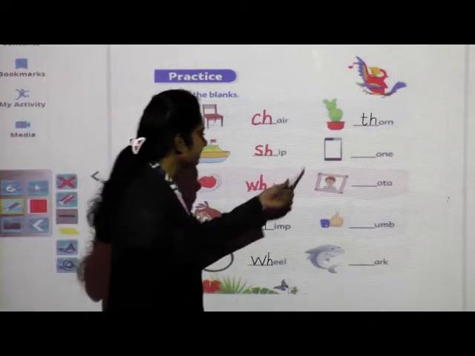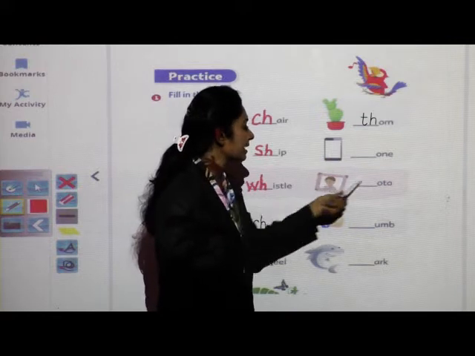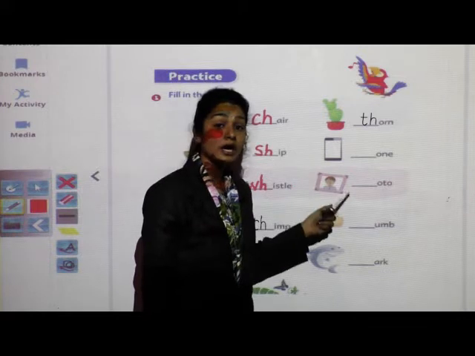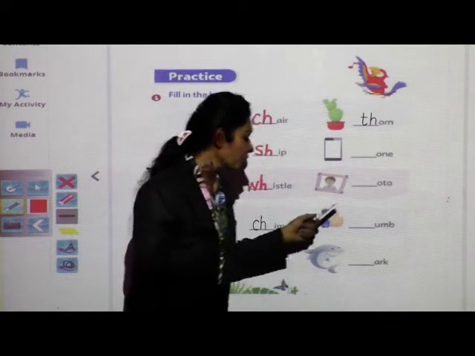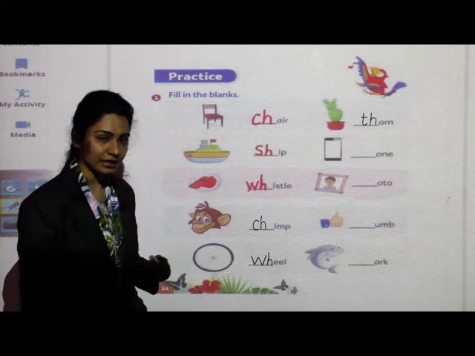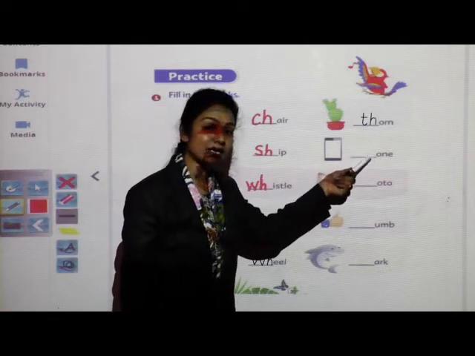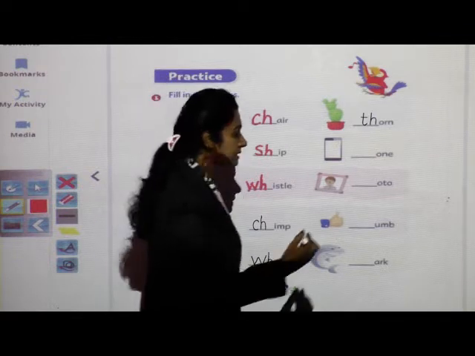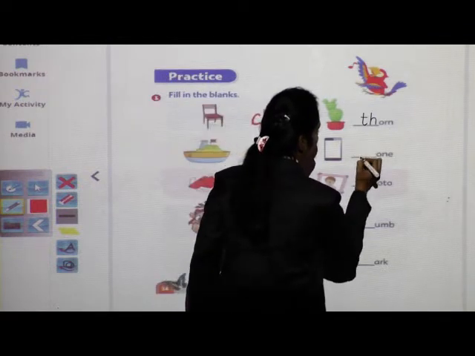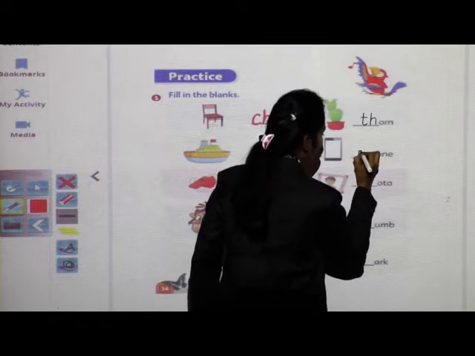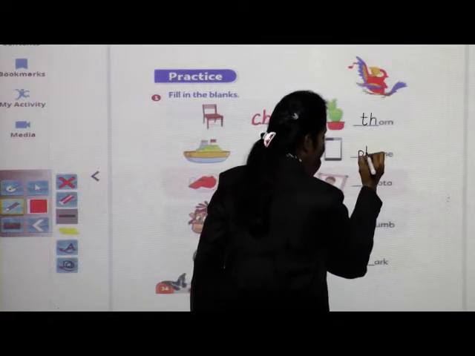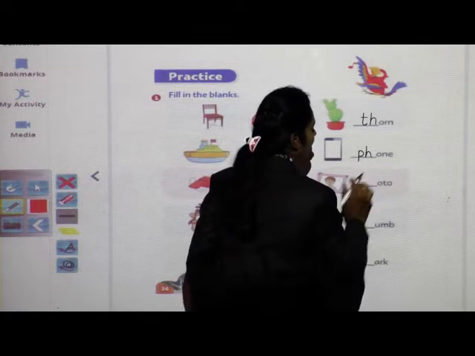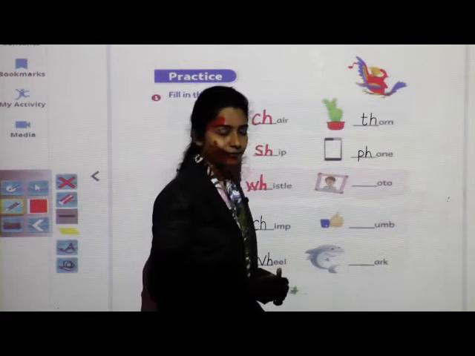Okay, next picture. Yes, what is this? You all know. What is this? Phone. So, children, come to page number 33 and tell me which letters we should write here. P. Yes, P-H. So, write here small letter P, small letter H, P-H-O-N-E, phone.